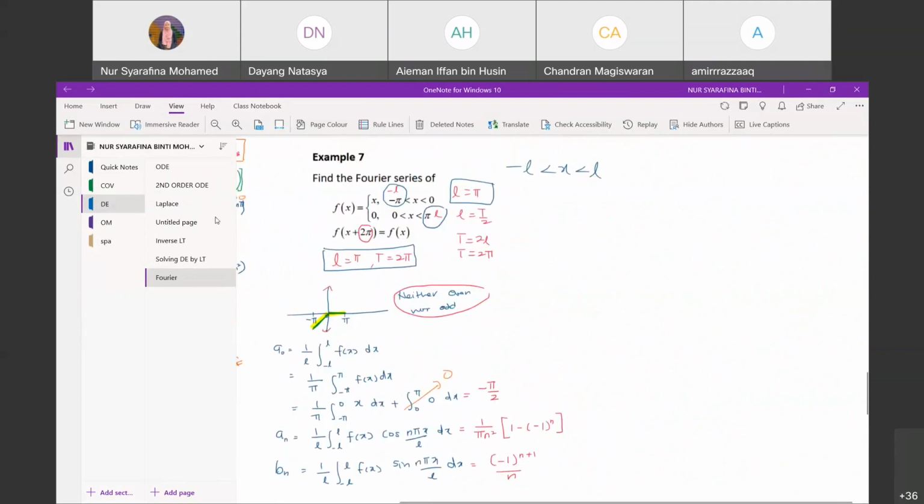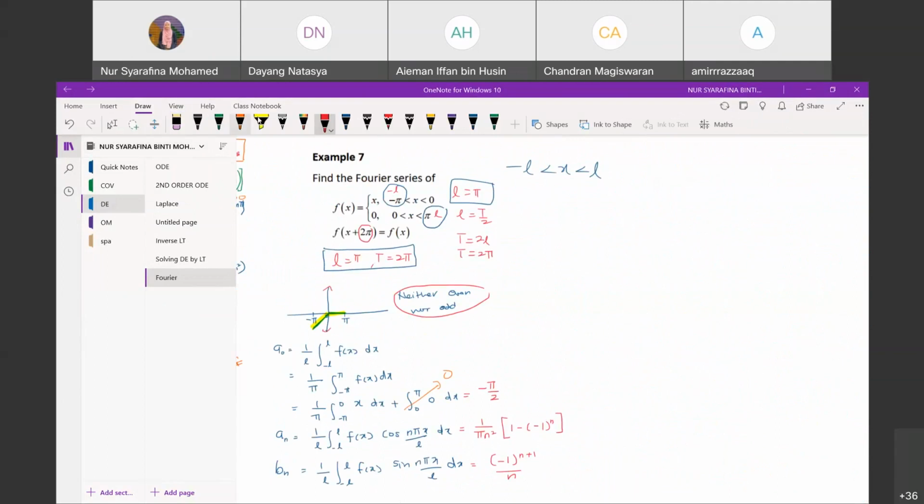Basically, you know that your a0 is from minus L to L, 1 over L integral from minus L to L of f(x), and here from minus pi to pi. You know that it is divided into two functions from minus pi to pi here. So minus pi to pi means minus pi to 0 first for x and 0 to pi for 0.